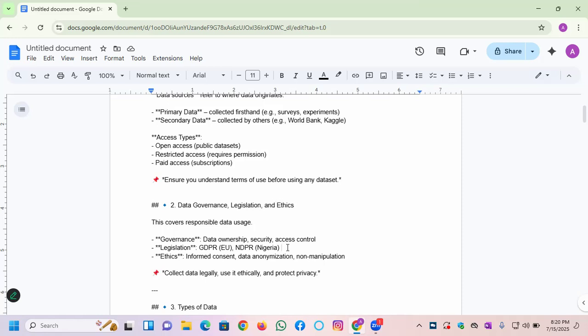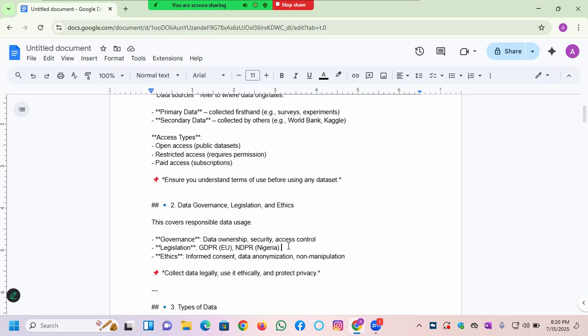So in one part, it is safe. In another part, it is not safe, because the government of that country is privy to that information. And if they need one particular person's information, they can easily lure the company to get the information from them.